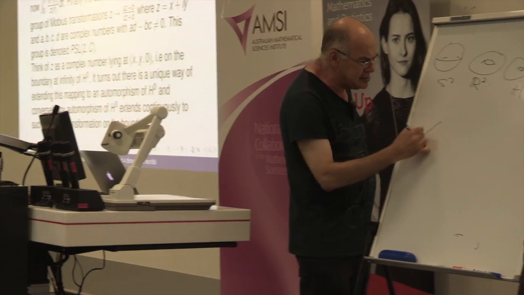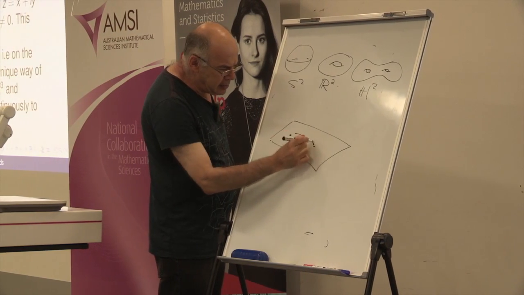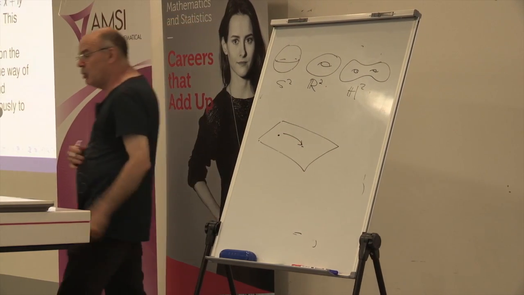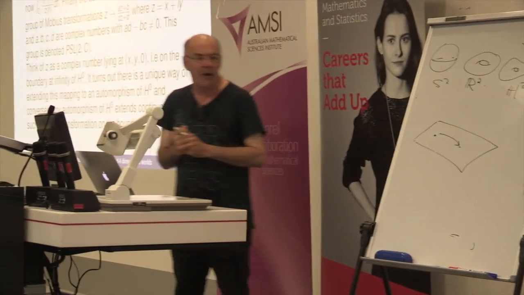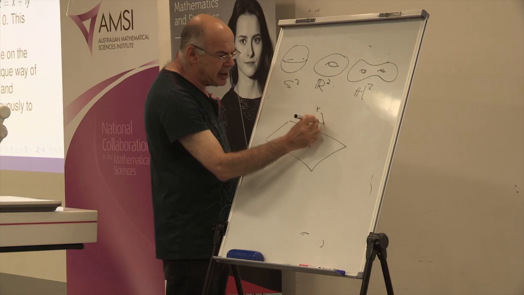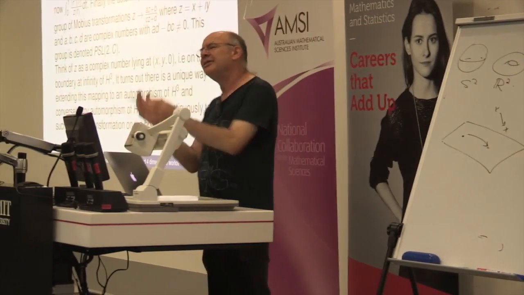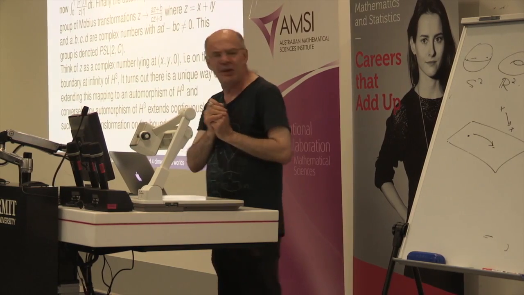But it turns out this is okay because if I know where the so-called ideal points, or the points at infinity, go, then if I have a point up here, I can work out where it goes. This is like sailors taking readings of where you are.